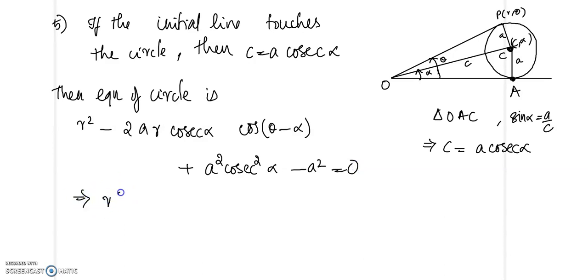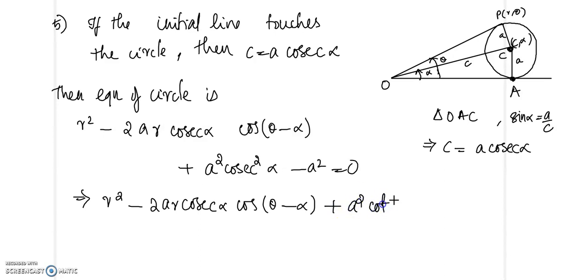So upon simplifying, you will get r square minus 2AR cosec alpha cos(theta minus alpha) plus A square cot square alpha equal to 0. So this is the required equation of the circle when the initial line touches the circle.